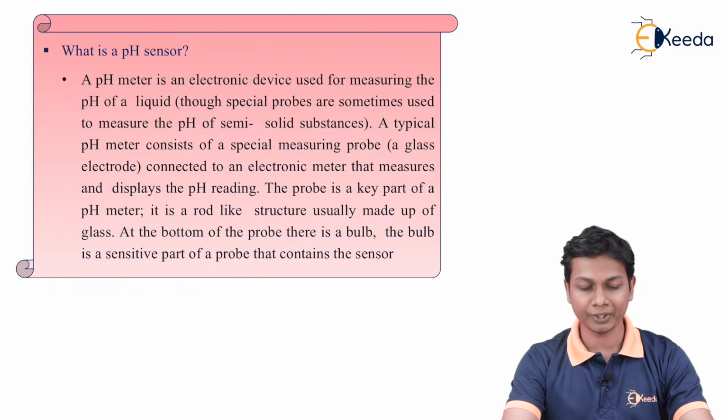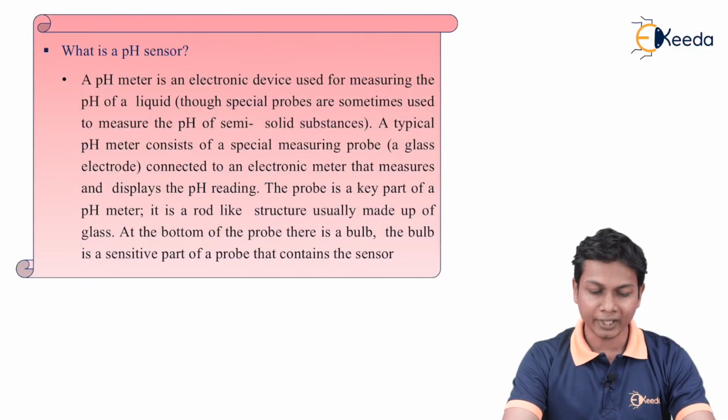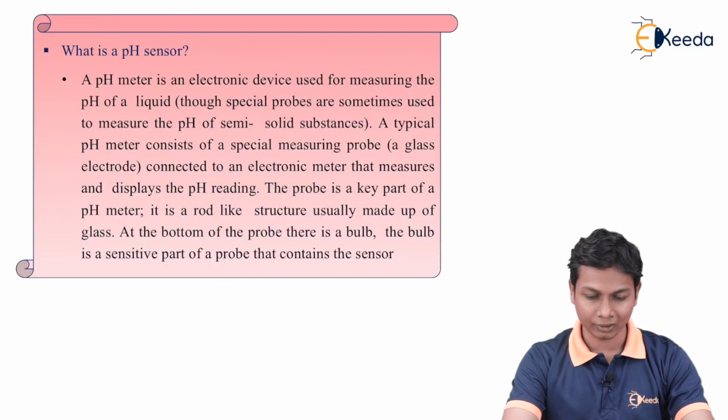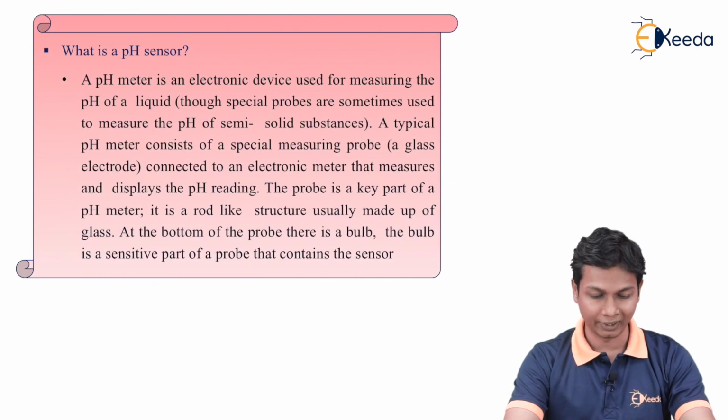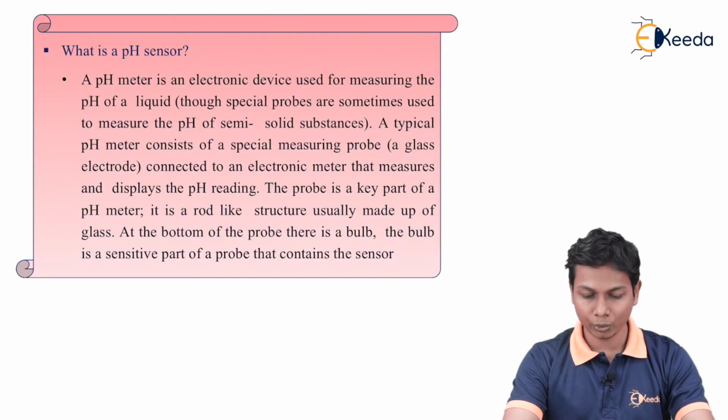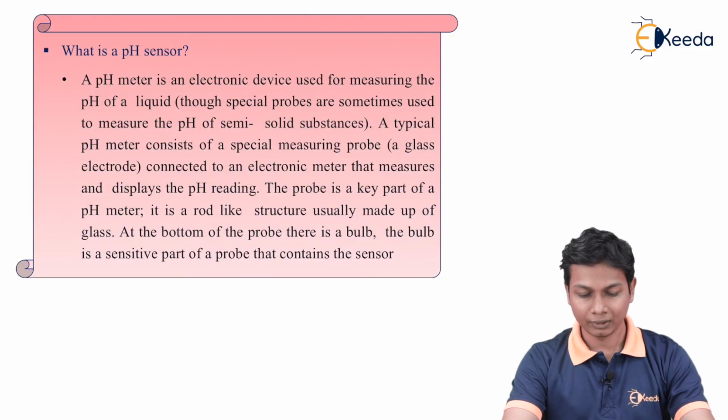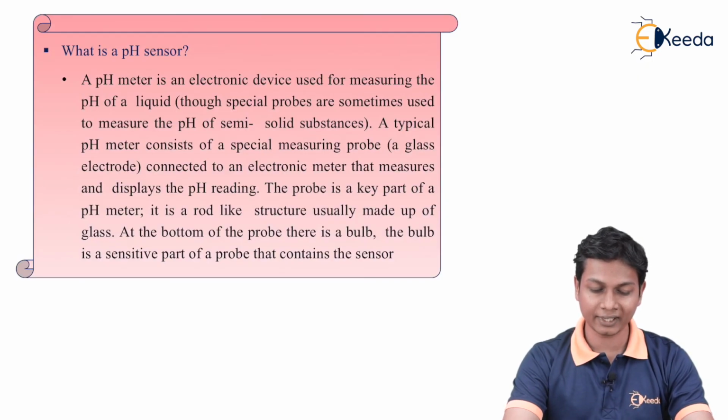Typically, a pH meter consists of a special measuring probe, a glass electrode, connected to an electronic meter that measures and displays the pH reading. The probe is the key part of the pH meter and it is a rod-like structure usually made of glass. At the bottom of the probe there is a bulb, which is the sensitive part that contains the sensor.